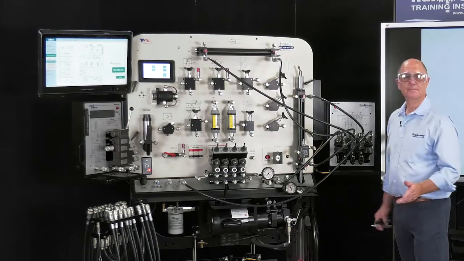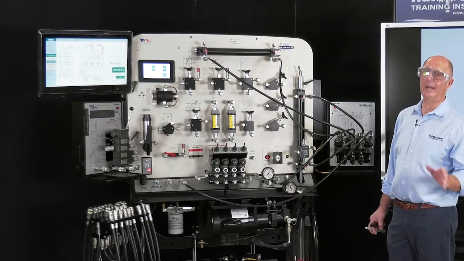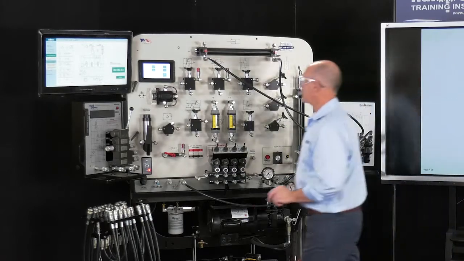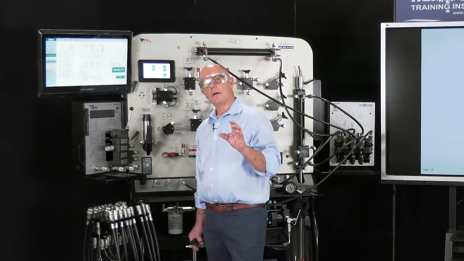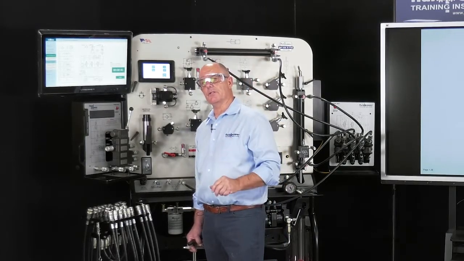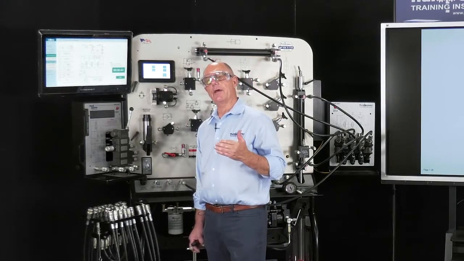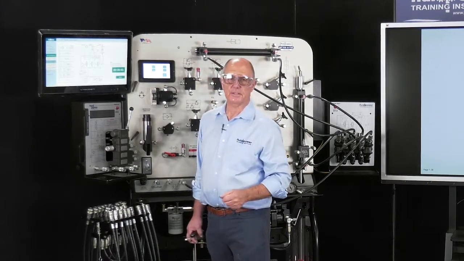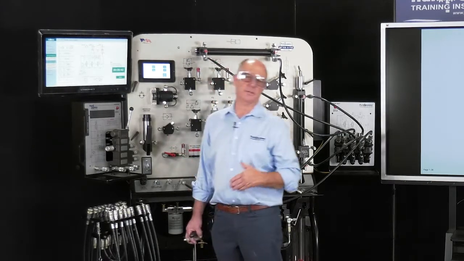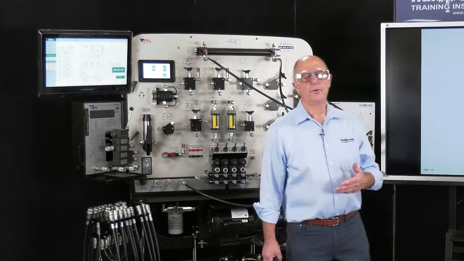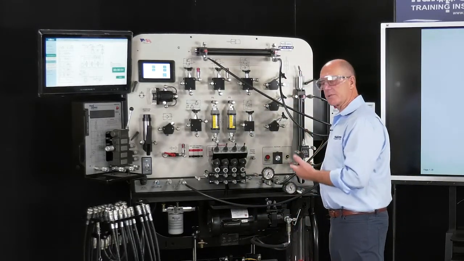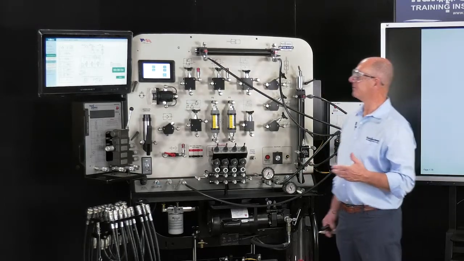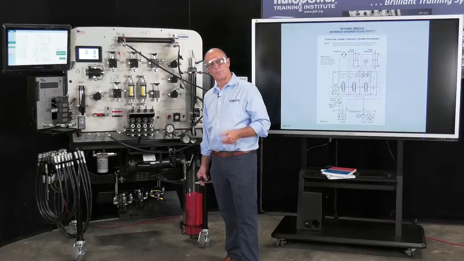All right, now, here's what's really cool. The computer is programmed so that you can actually do competency testing. So not only can you use this to teach the students how to troubleshoot machines, but it will also help them to have a thought process.